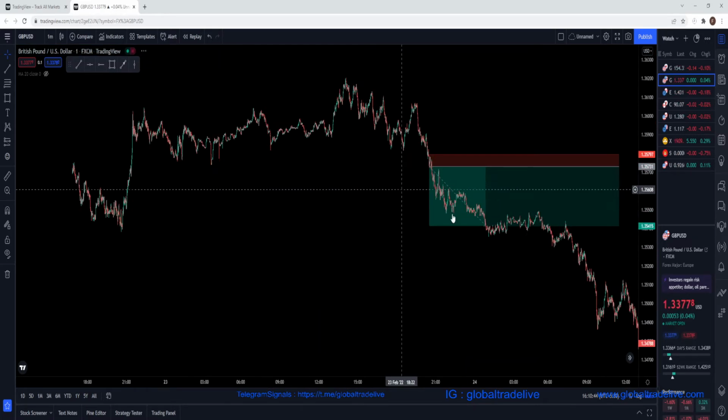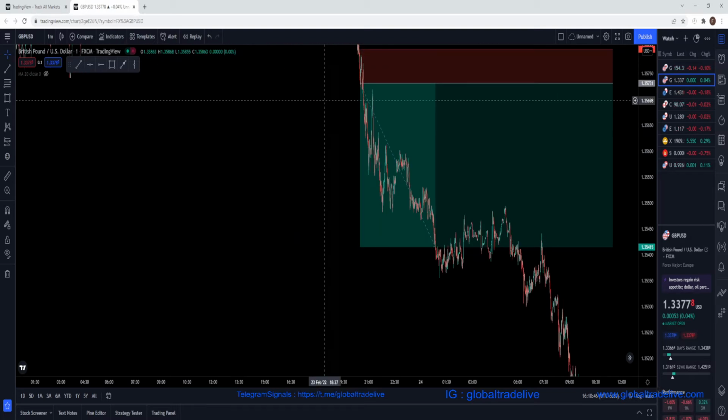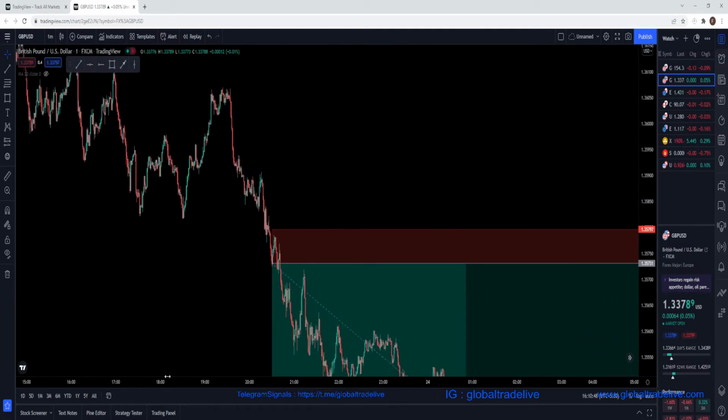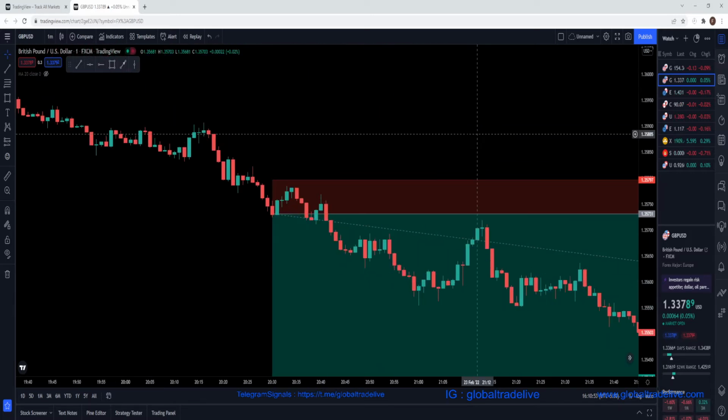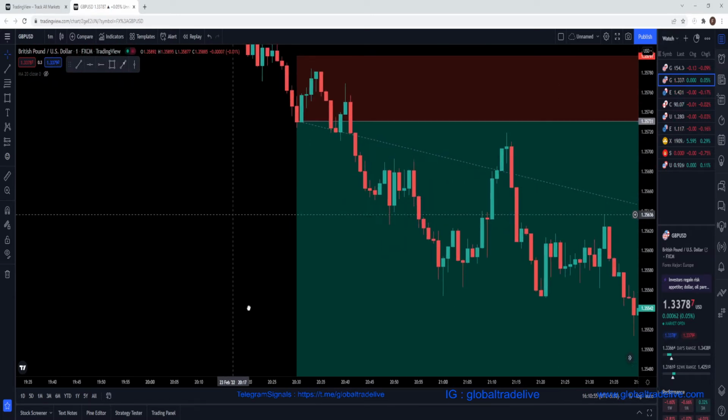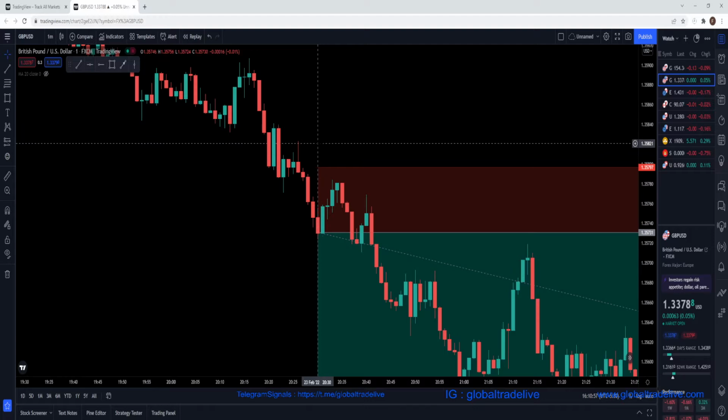Let's go to that area. Okay, perfect. This is 8:30 candle starting over here, so this is the 1 hour candle starting.